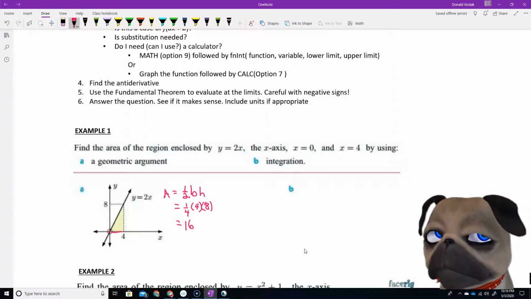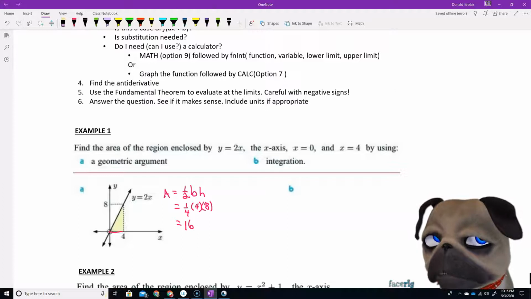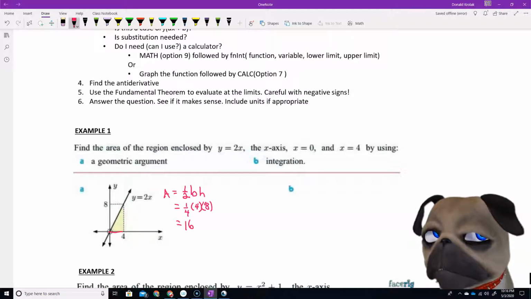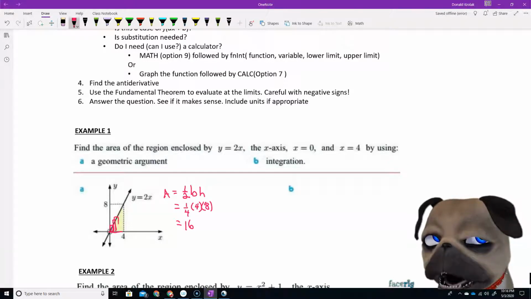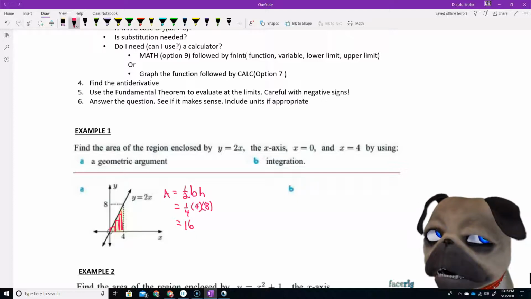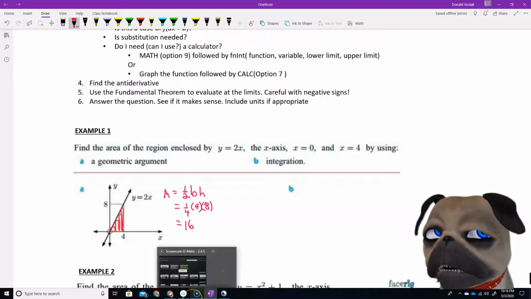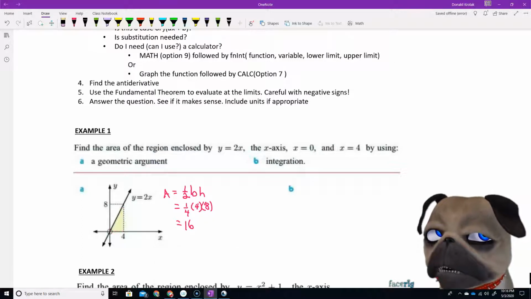Then the next thing that we did was divide this into little rectangles. The rectangles were either taller than the line, and the more rectangles we had, the more accurate our sum was, or the rectangles were below the line, and the more rectangles we had, the more accurate our answers were.